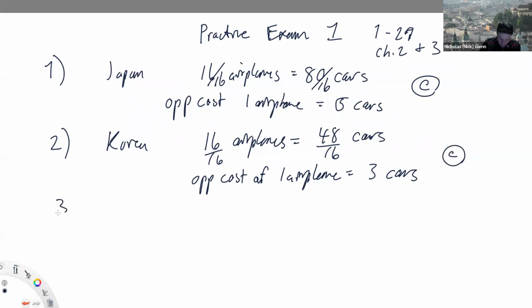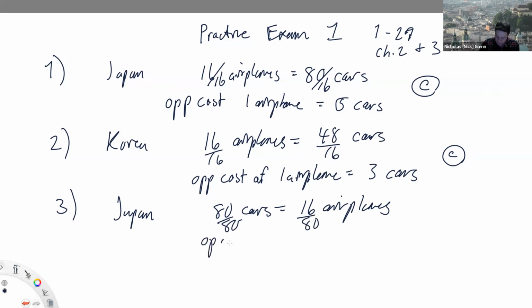All right, number 3. For Japan, what's the opportunity cost of one car? Well, they can either produce 80 cars or 16 airplanes. To get the opportunity cost of one car, we'll divide this by 80.